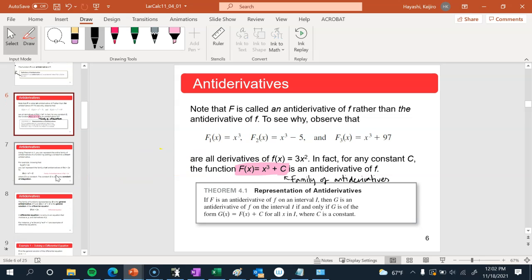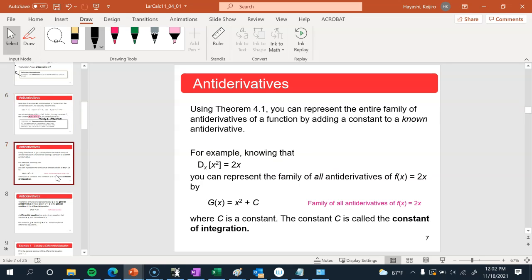And that capital C there, and it's always going to be a capital C, has a particular name. It's known as the constant of integration. Okay.